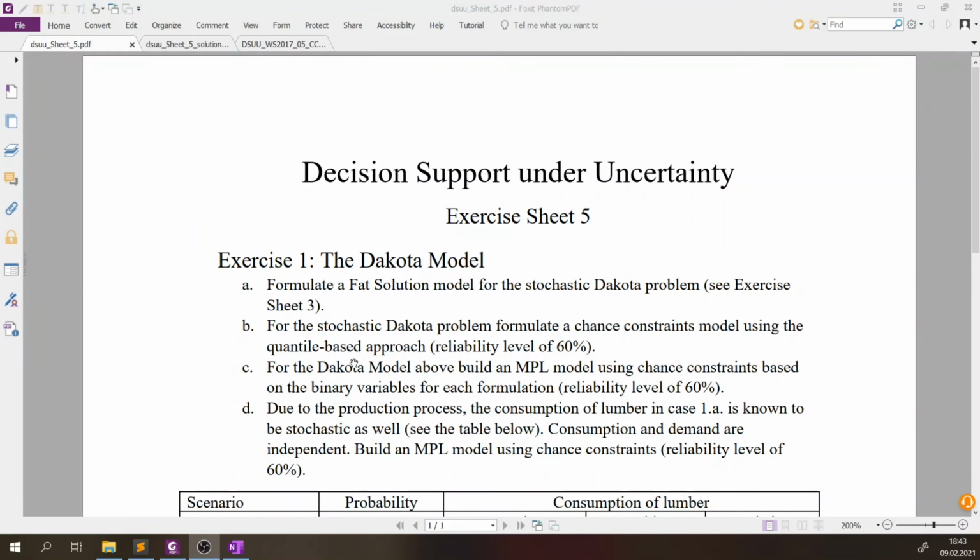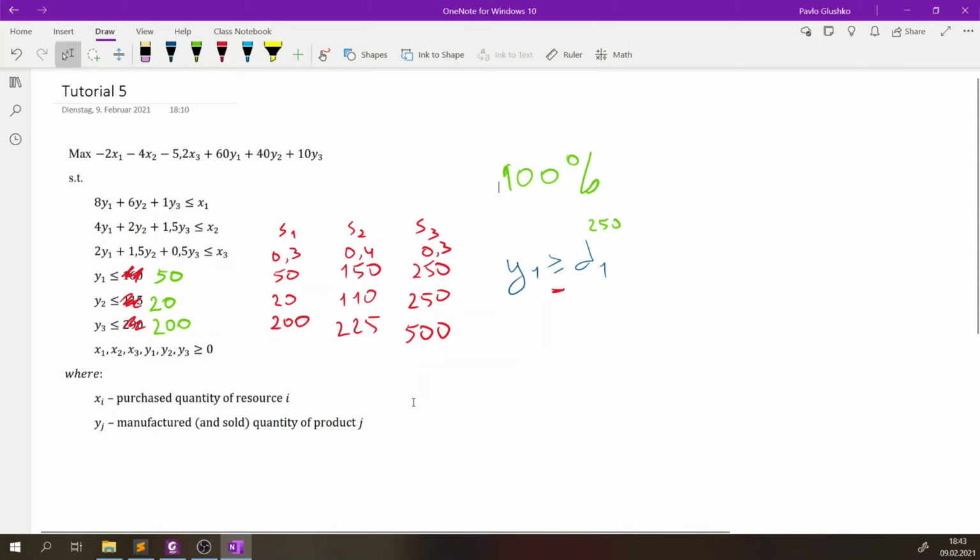In the quantile-based approach, we again need to choose the right-hand side by ourselves. This 60% here is also called alpha. So I will write down that alpha is 60. And before, for the fat solution, it was 100. So the fat solution is a special case of what we will look at now, when alpha is 100%.